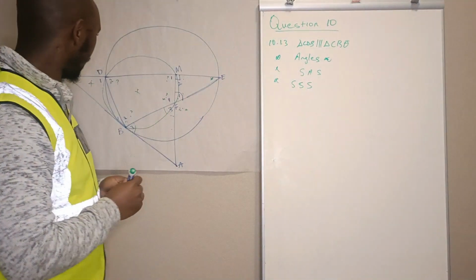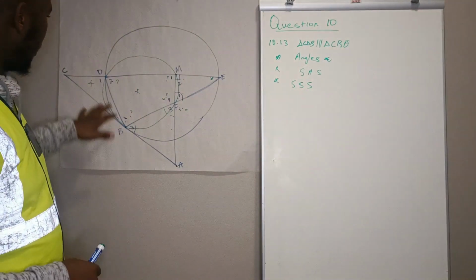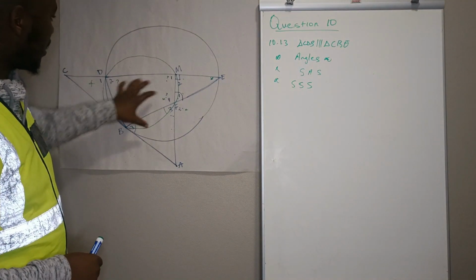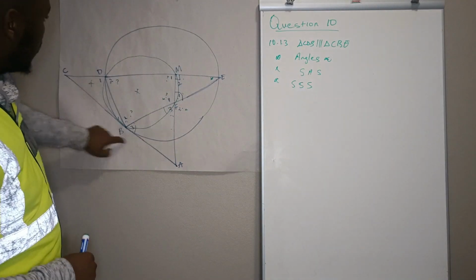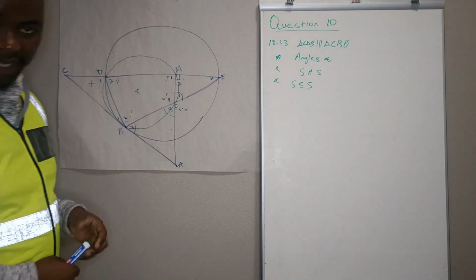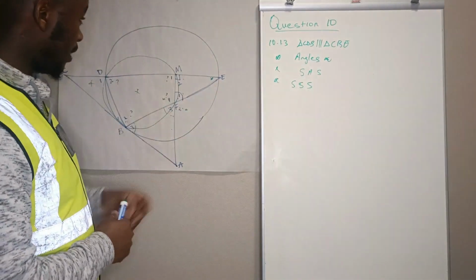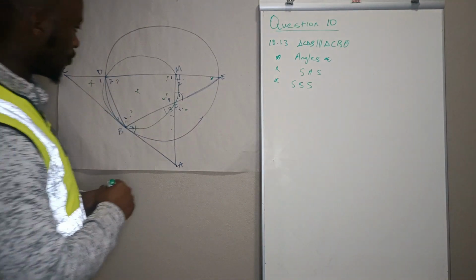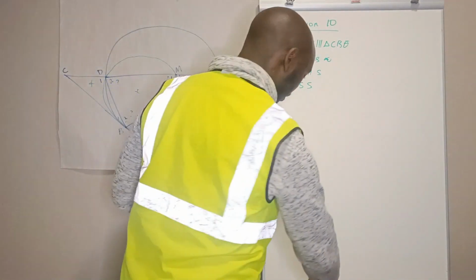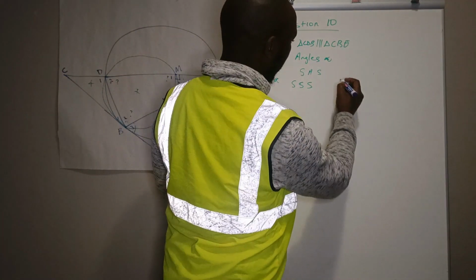All right, for angles, which I always want us to go with, we need to find angles in CDB that are also in CBE, or BCE, whatever you use to name that triangle. The first thing you must note is that if we draw this, we have a triangle like this.